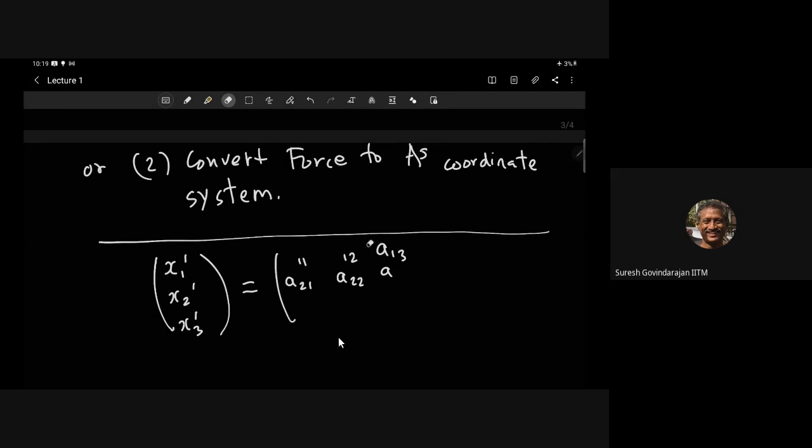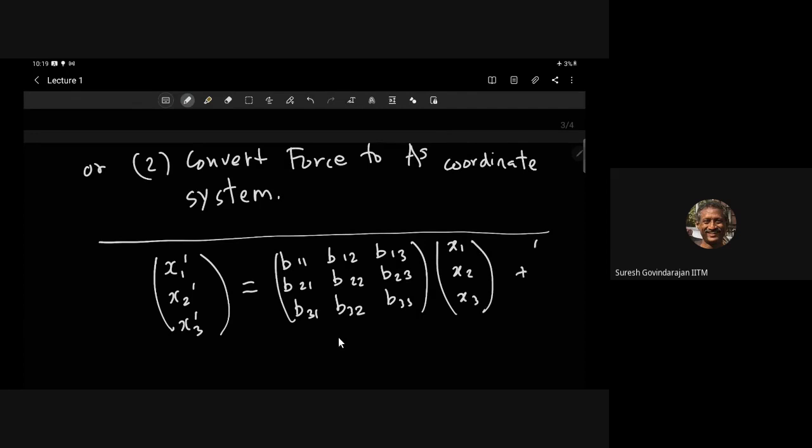Okay, plus we could have had some constants, C1, C2, C3, but we said that the origin is 0, by our choice, because both of them agree.